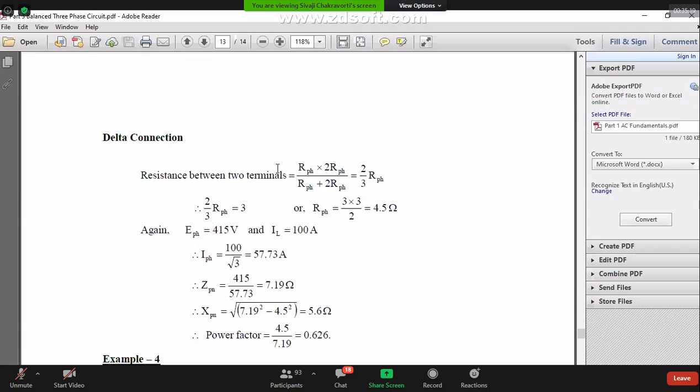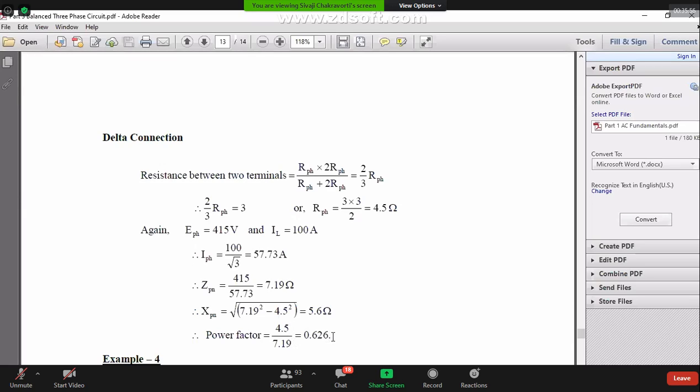So phase impedance is equal to phase voltage by phase current. So you get 2.396. Then resistance is 1.5. So you can calculate X, root over Z square minus R square. So you get the X. But you don't know whether it is inductance or capacitance, because power factor is not stated as lagging or leading. So we leave it like that. But what is power factor? R by Z. So it is 0.626. We don't know lag or lead because it is not stated.